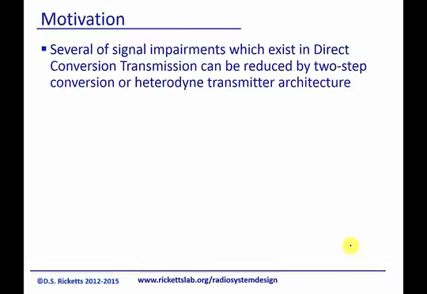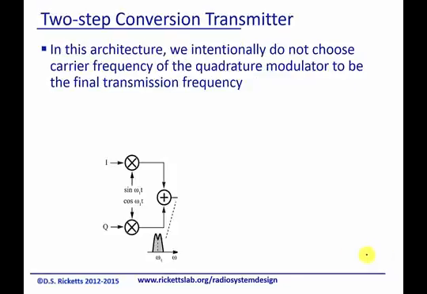So the motivation for two-stage upconversion is that several of the signal impairments that we saw in direct conversion can be reduced or eliminated if we use a two-step conversion or a heterodyne transmitter architecture. Direct conversion is often called homodyne, and heterodyne transmission means that we're going to take a two-step or two stages of conversion before we get to the final transmitter.